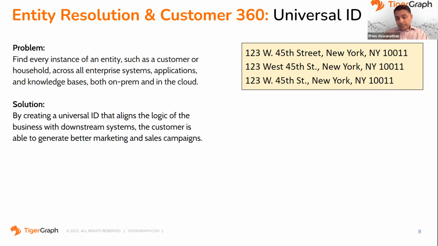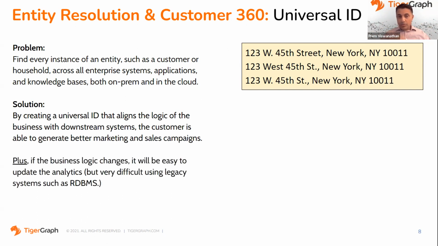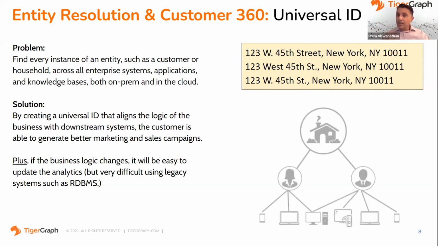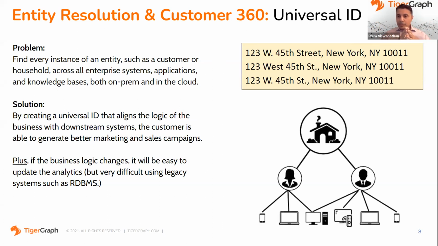Why? Because now that can help with things like better sales and marketing campaigns, right? Also, one of the things I touched on earlier, and it's very applicable here as well, is graph, because of its fundamental flexibility, as the business evolves, you can change the schema very easily. Let me give you an example just to illustrate this.